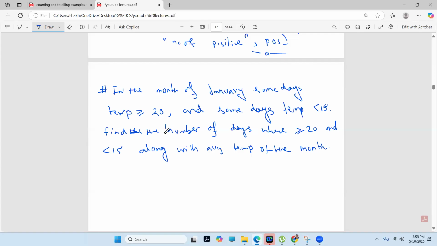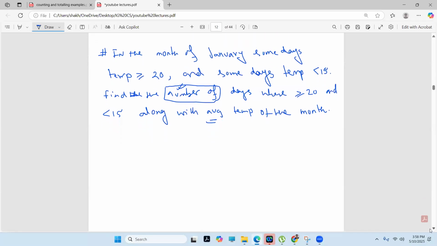So now you can see, they ask you to find the number of days, which means there are two types of temperature here. Sometimes it is more than 20, and sometimes it is less than 15. So this is counting, and they are also asking you to find the average temperature of the month. That means you need to do totaling also.